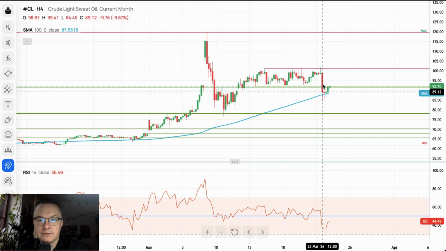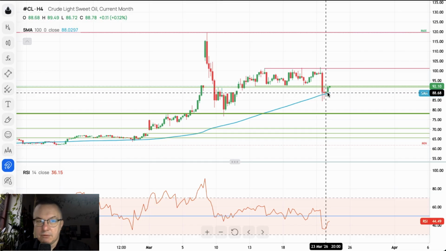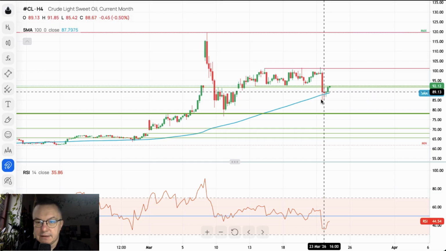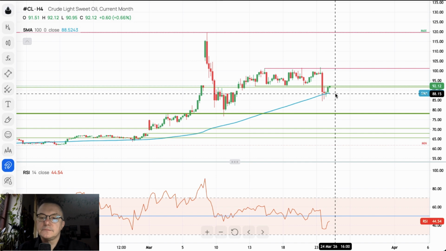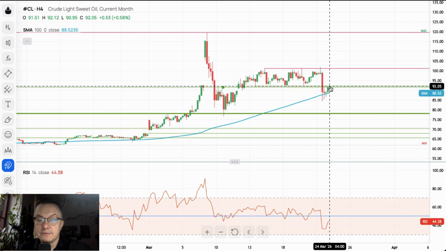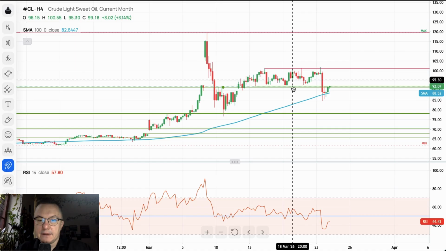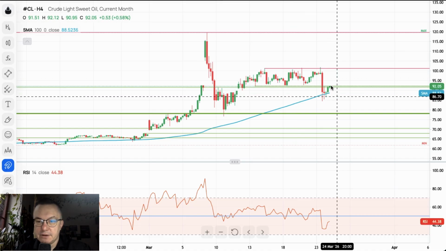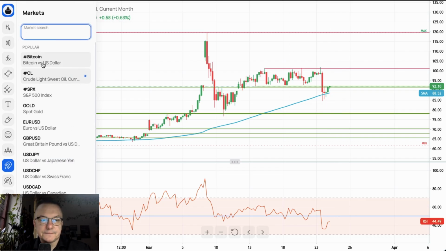Movement down towards 84.45, where the 100 periods moving average is, and then consolidation around this level. Right now it's moving a little bit up, local high 92.12, and it's testing the technical resistance level. So any rejection here might even smash the prices of crude oil towards $78 yet again.